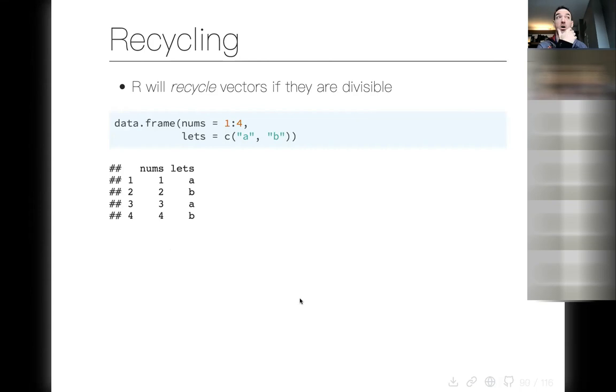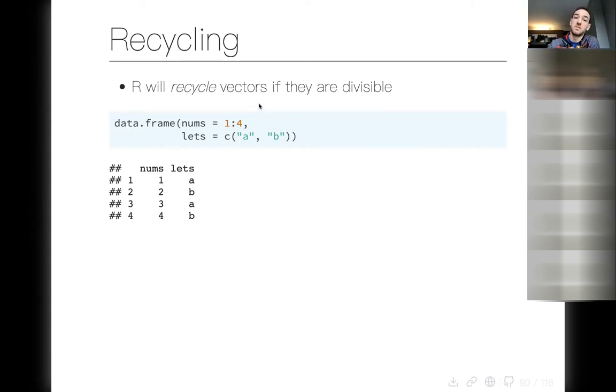R will do this, and I don't think many other languages that I know of anyway do this. So it's a weird R thing, but it can actually be very helpful at times, but it can absolutely lead to confusion. I think probably more often than not, it leads to confusion versus being helpful.